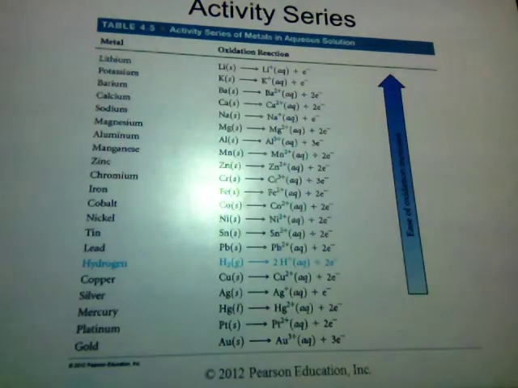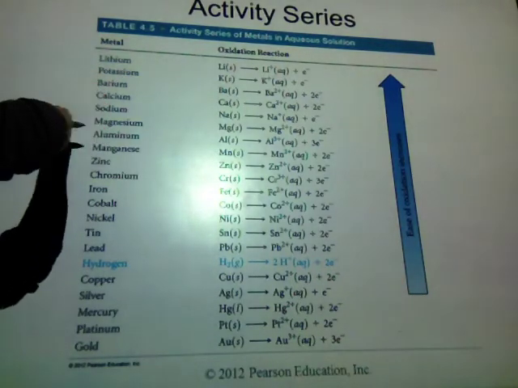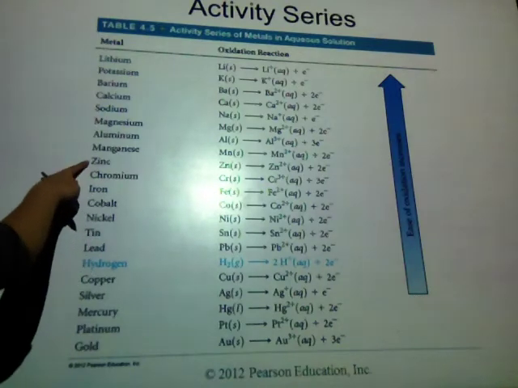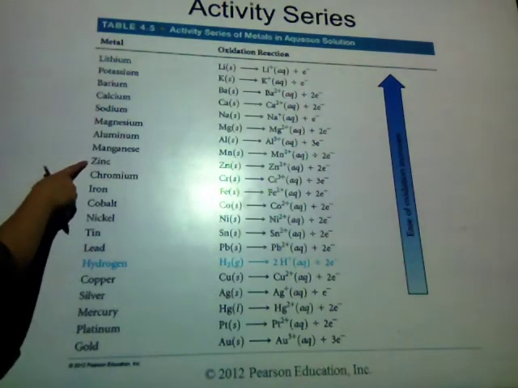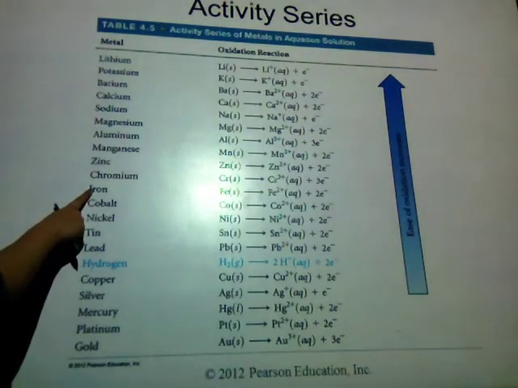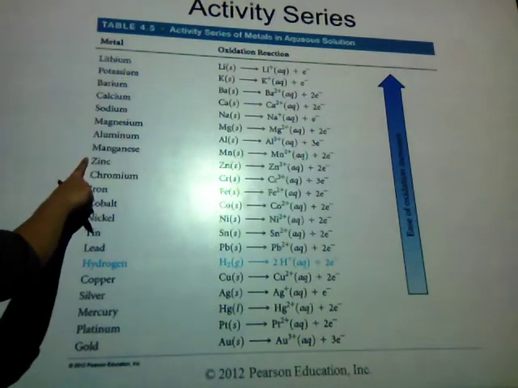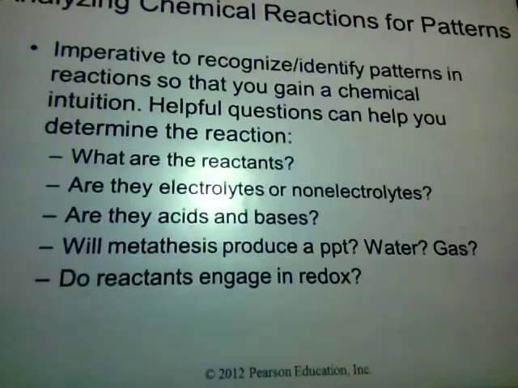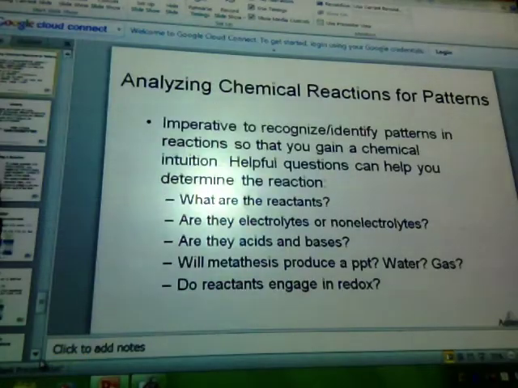These will oxidize more readily than barium would. So let's say we had zinc. Zinc could take the place of iron, but iron couldn't take the place of zinc because zinc is above it on our activity series. So let's do a couple examples with this.